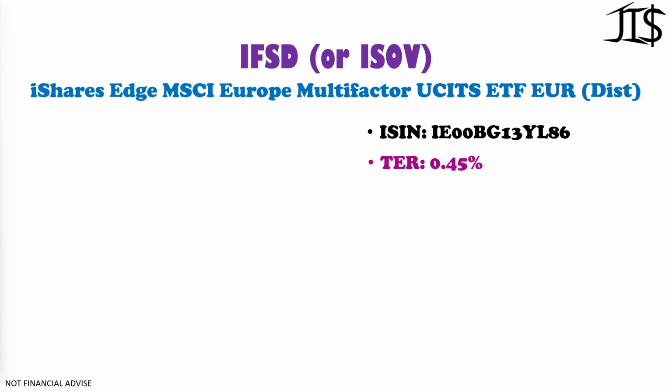So 0.45 compared to the other ones, which are all 0.25% in this video. I don't know why it's 0.20% more expensive as a total expense ratio for this ETF.